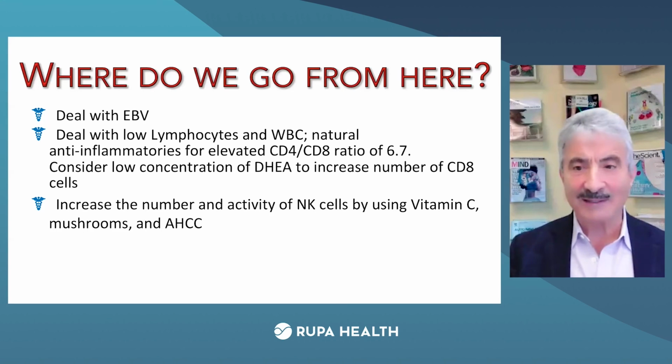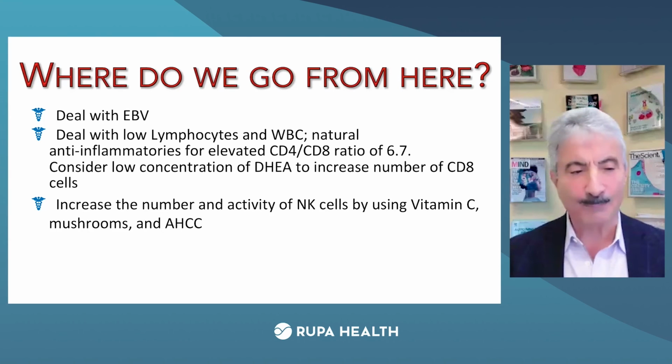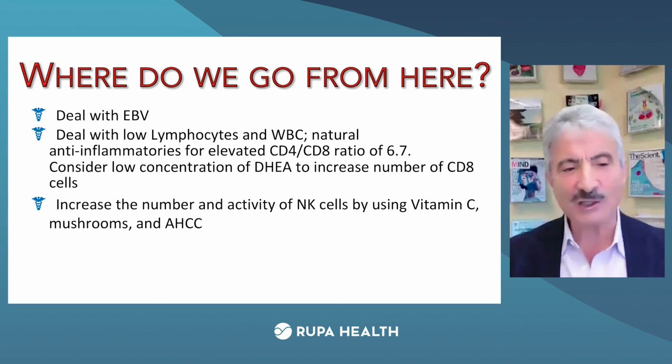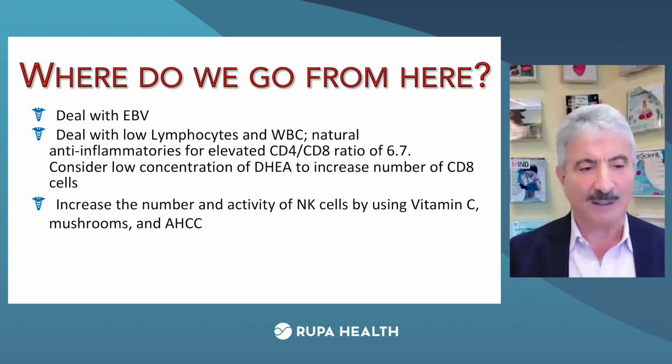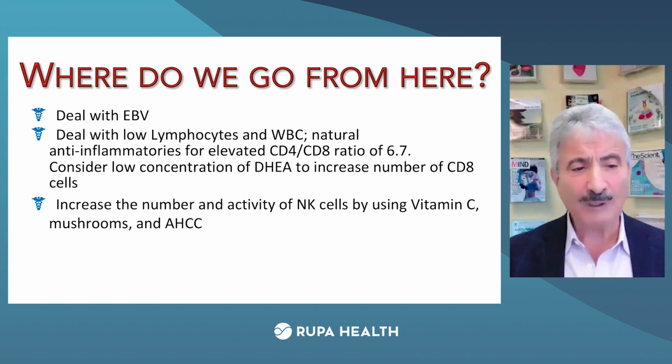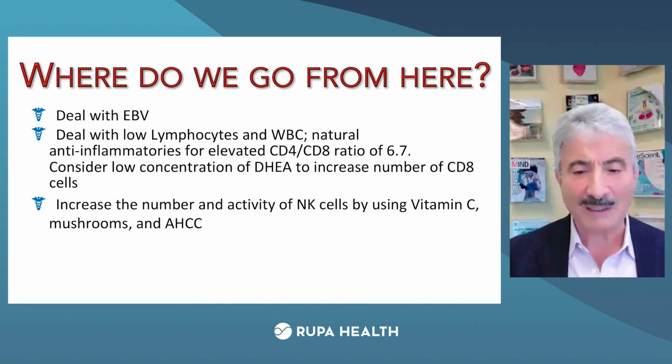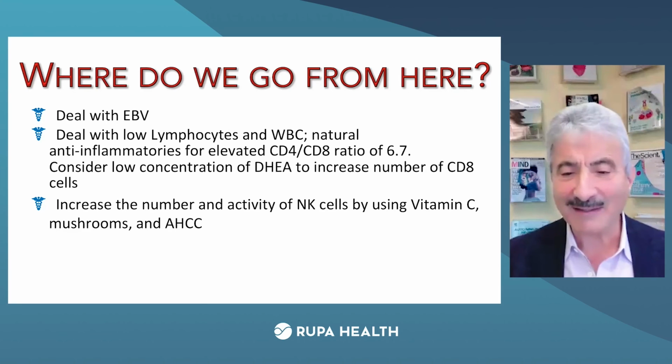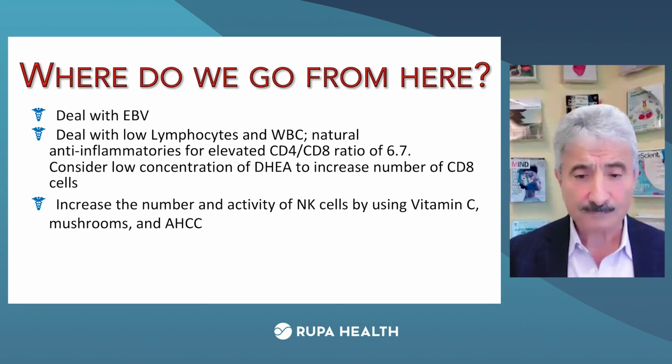And the answer to that is because EBV is not being eradicated completely. IgG against early antigen still is elevated, which indicates reactivation of latent viruses, in this case EBV. We have to deal with that. Deal with low lymphocytes, white blood cells, by giving natural anti-inflammatories for elevated CD4 CD8 ratio.